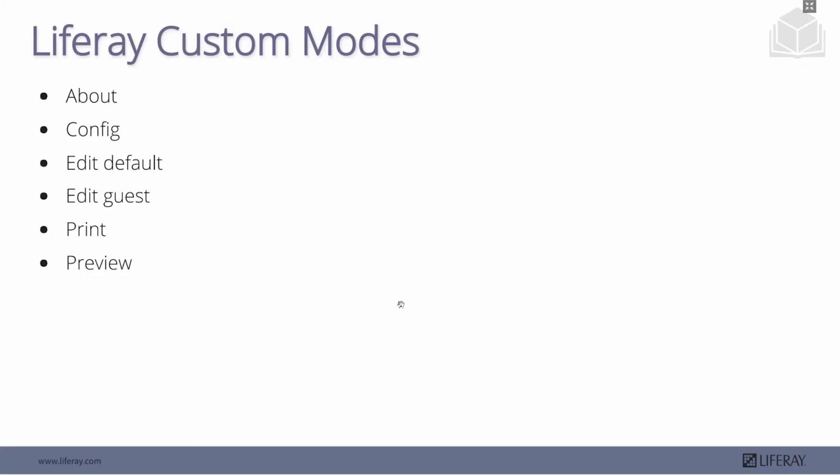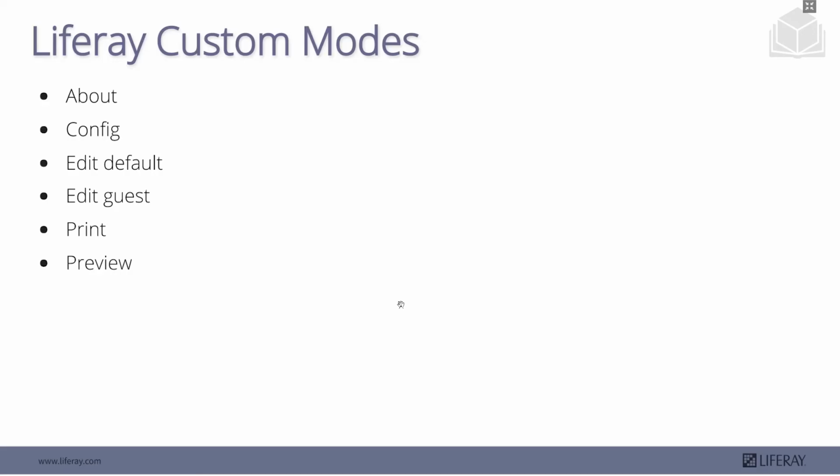Liferay has provided some additional modes as well, right? There's a lot of different situations in which we may want to display something or be able to toggle over. So Liferay has provided a couple of extra modes as well. Things like about mode or a print mode, or maybe a preview mode, or any of the other ones here that are listed.